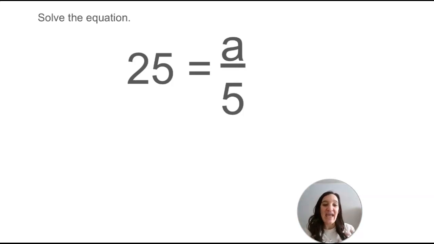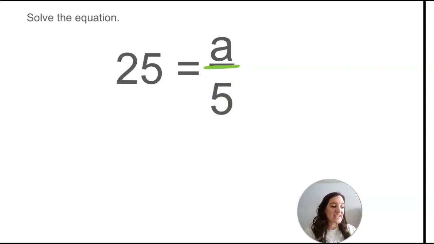So I need to get A by itself to know what the value of A is in order to solve the equation. But it's being divided by a 5. What is the inverse of division? Multiplication. So if I just go times by 5, remember that's really like 5 over 1, right? And then that means you can really cancel those out.